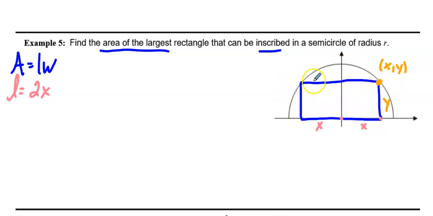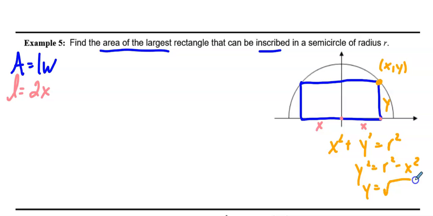So if we're looking at a semicircle, then we have to look at the fact that x squared plus y squared is equal to r squared. This is what we can use to figure out this circle. And so y squared is going to be equal to r squared minus x squared, and y is going to be equal to the square root of r squared minus x squared.